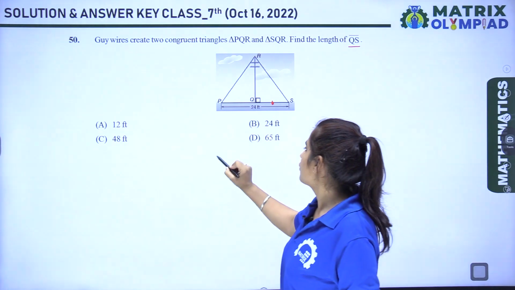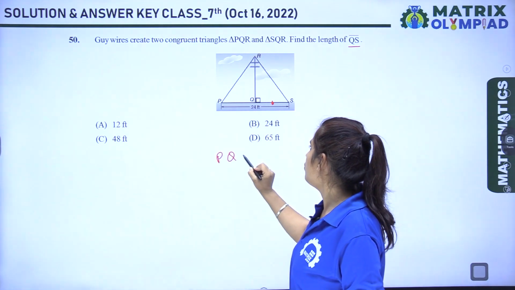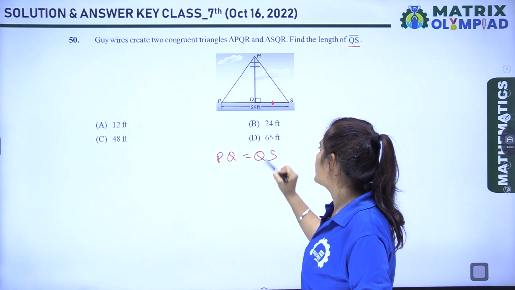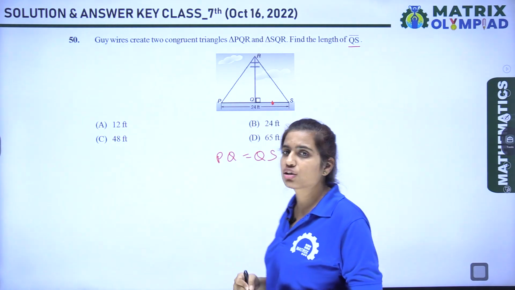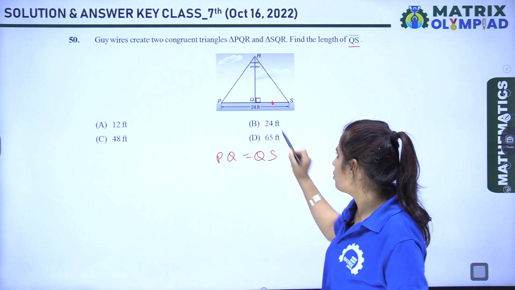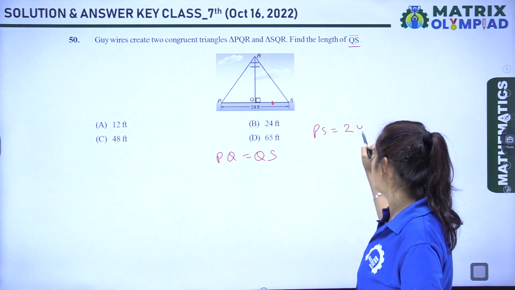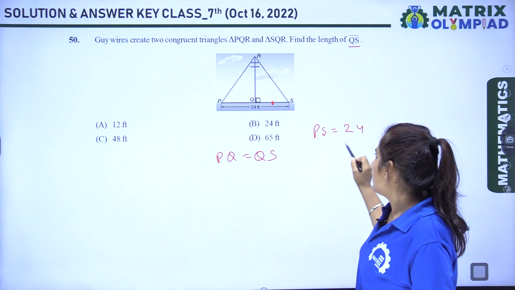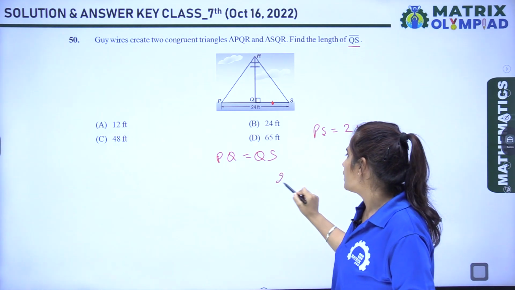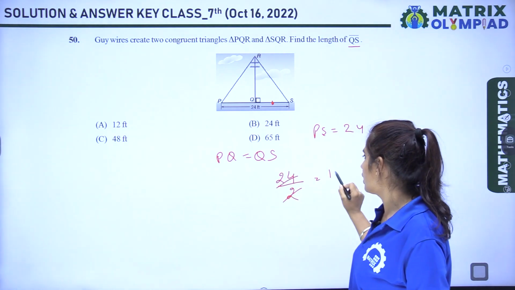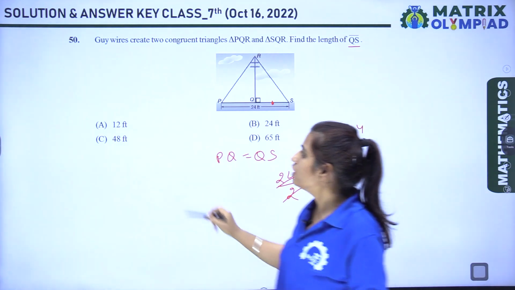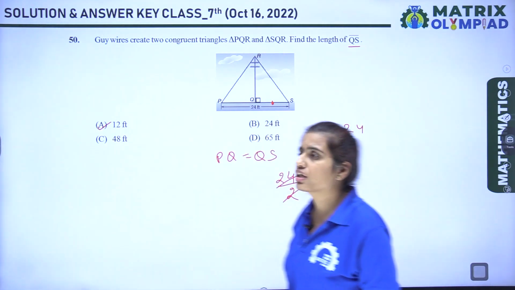So here we can say that PQ is equal to QS as both the triangles are congruent. So here the total measurement of PS is given to us, that is 24. Now let's divide this 24 into two parts. After dividing it by 2, we get 12. So here 12 feet is the correct answer.